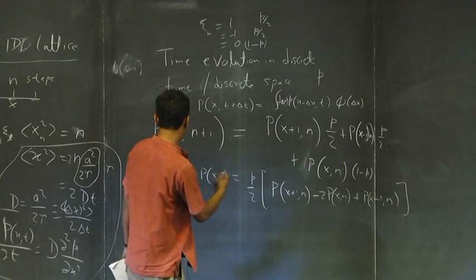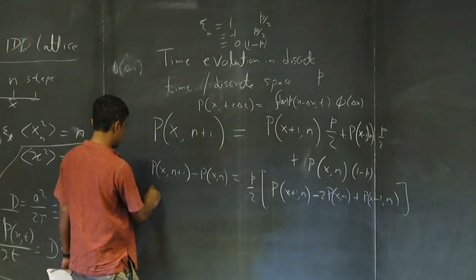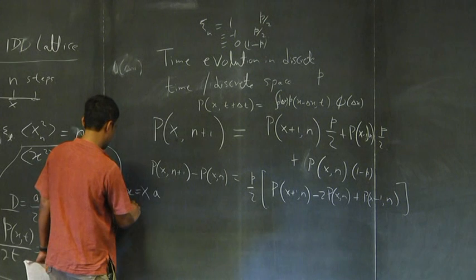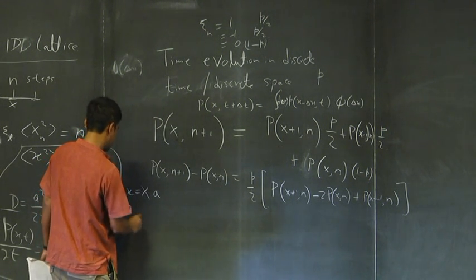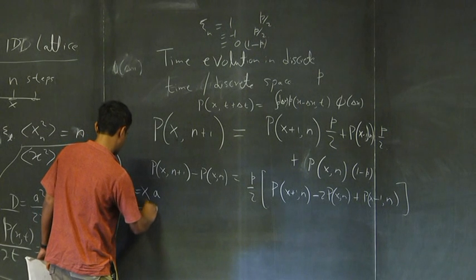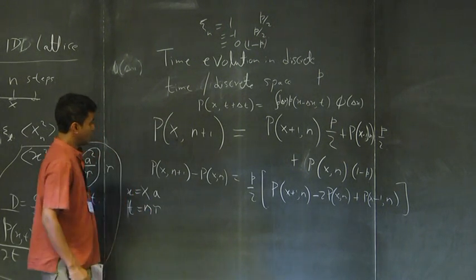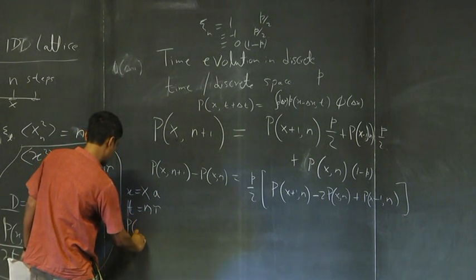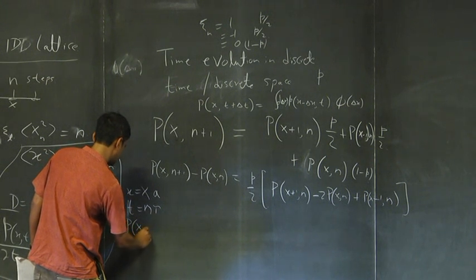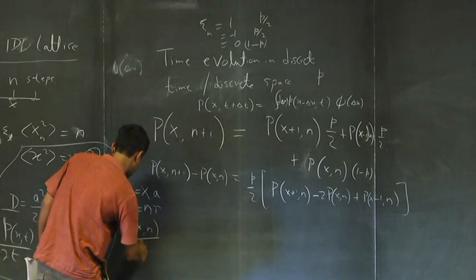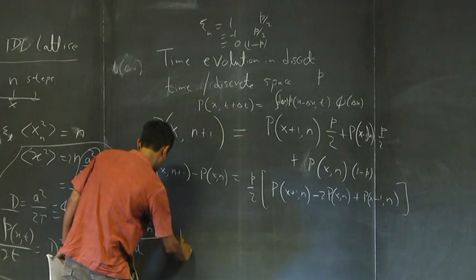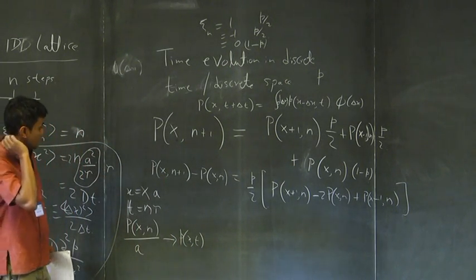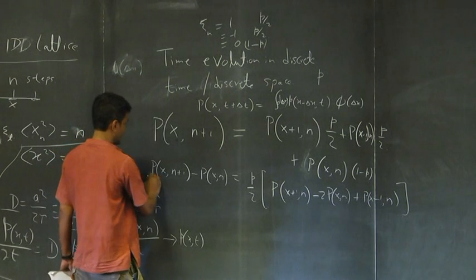Okay, so now what I will do is, so this is time. Now I will just change variables and call x times a as x, and n times tau as t.